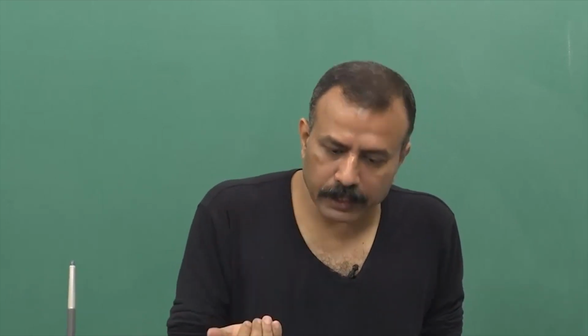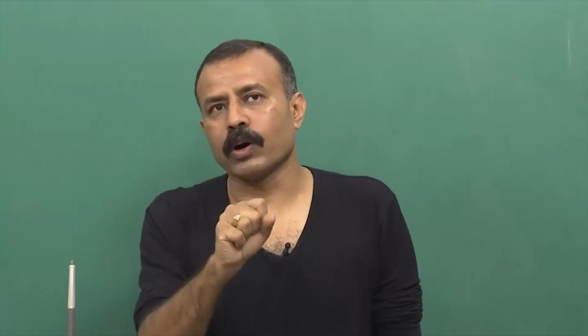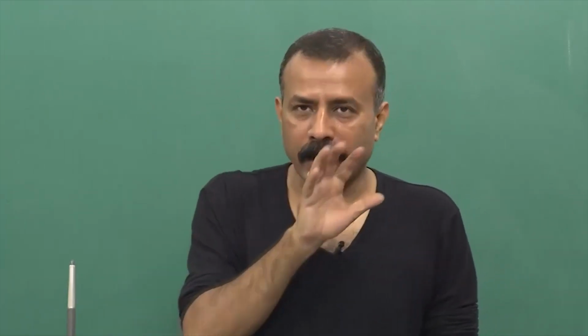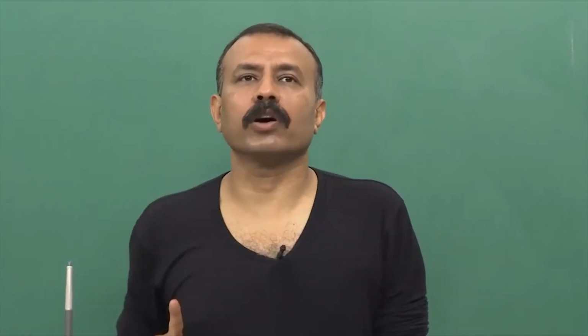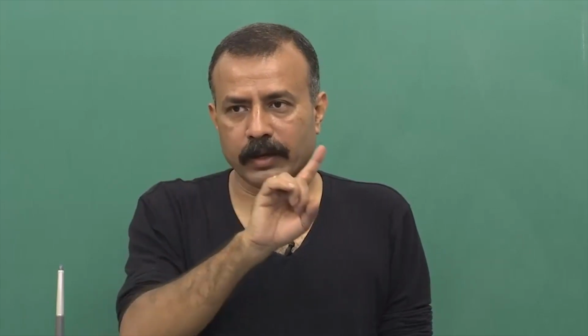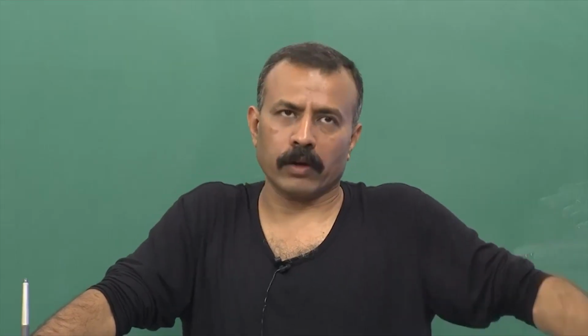It was observed that indeed the oxygen is evolved from the water, not from the carbon dioxide, and that is why this reaction is very important for you to mark, how these things are happening. We will take up each part of it in our subsequent lectures.